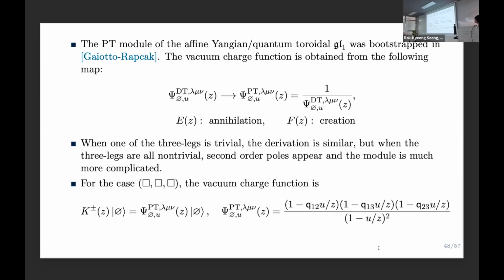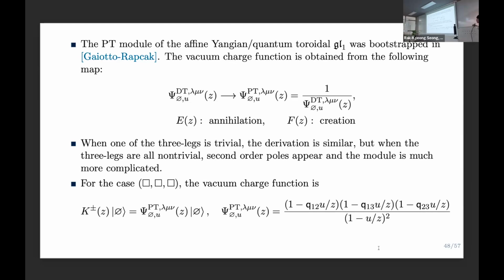Then you start from this vacuum charge function and bootstrap all of the algebra. Indeed, when one of the three legs is trivial, you get the usual PT counting rules directly from the algebra.